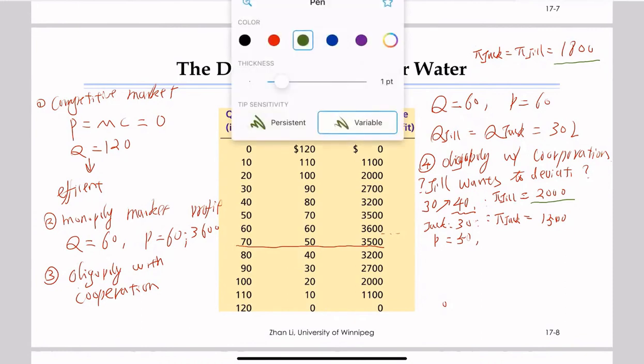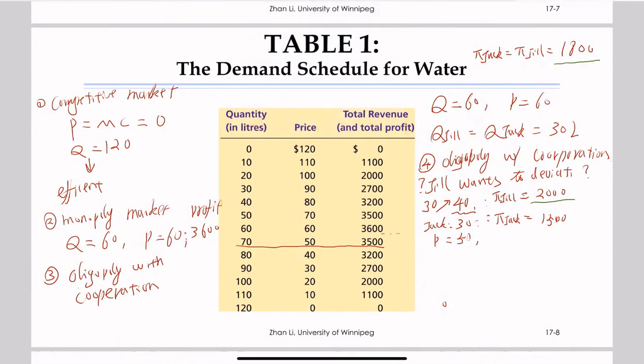And then you could also definitely think about Jack, right? So we can assume if Jill stays at 30 liters, will Jack want to produce 40? Then you will see that Jack will also want to produce 40, right? But there is the other case.